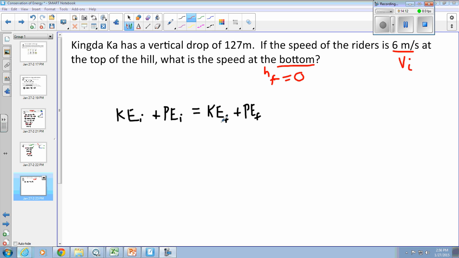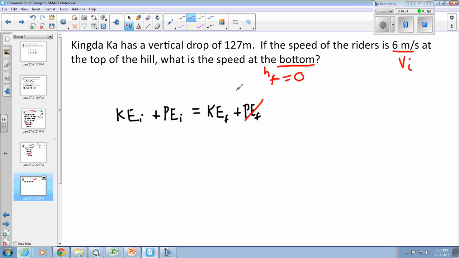So final velocity through finding the final kinetic energy. Height final being 0 at the bottom cancels out the potential energy final. And we plug our numbers in and we can solve.